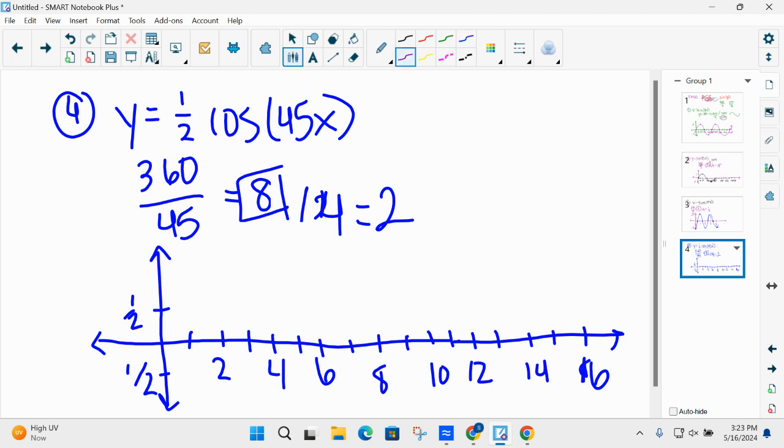All right. So this is cosine. So we're starting at the y-intercept. Then you're going to have an intercept at 2, minimum at 4, intercept at 6. And then maximum at 8, intercept at 10, minimum at 12, intercept at 14, and a maximum at 16.